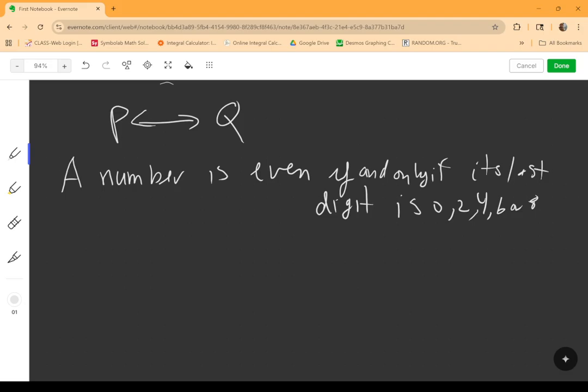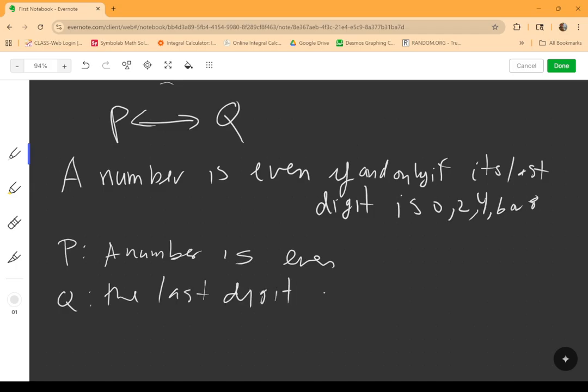Let's say P is a number is even, and Q is the last digit of a number is 0, 2, 4, 6, or 8.